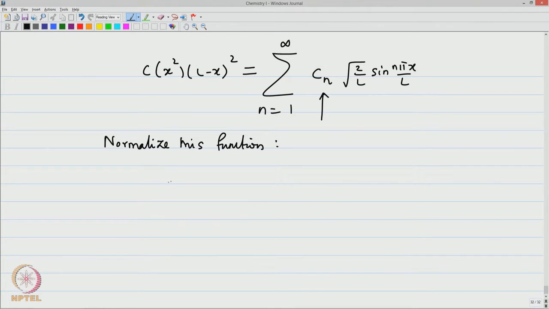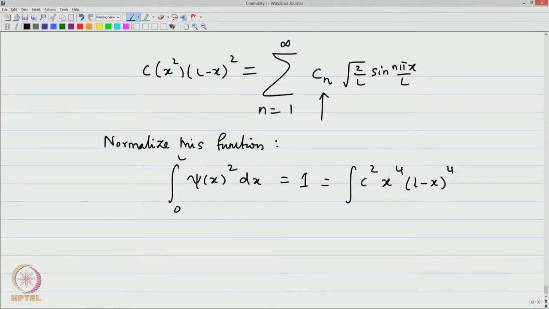So, the normalization essentially means the integral of psi of x square, because these are all real, from 0 to L dx, we want that to be 1. Which means it is going to be c square times the integral of x raised to 4 into (L minus x) raised to 4 dx should be 1.